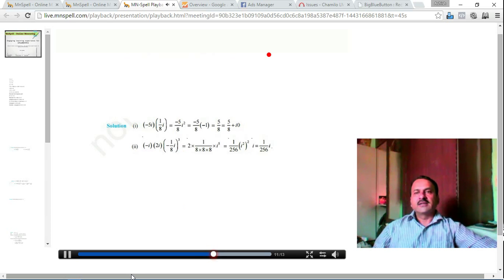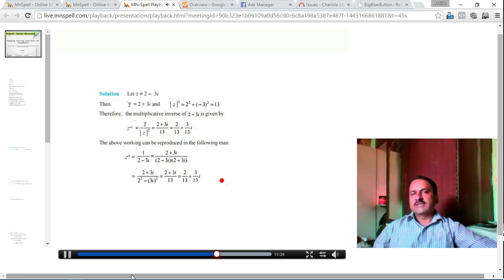And here it is. In the first part we have got 5 upon 8, and in the second part we have got 1 upon 256i. This is the solution of the book. Let's move to the next part.